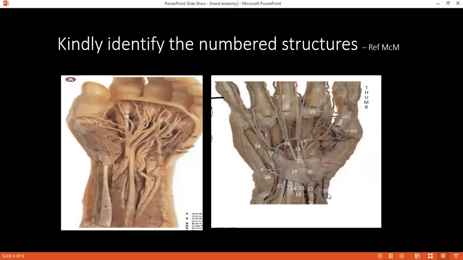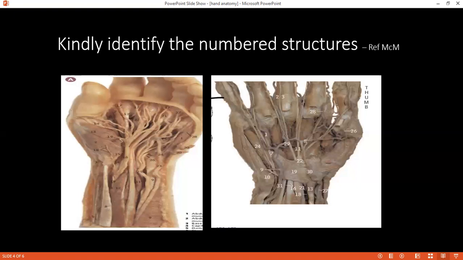So what is 27? 30 is the branch of the radial artery. 27, I think it is the princeps pollicis artery or the deep palmar artery. Tell me how the superficial palmar arch is formed. It is formed by the continuation of the ulnar artery.